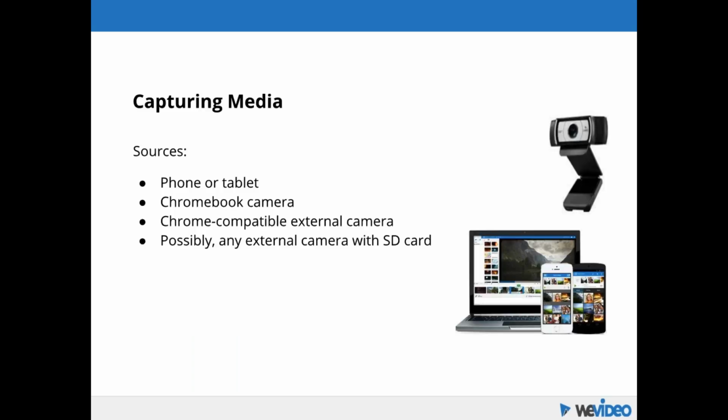And in terms of capturing media, obviously phone or tablet is an extremely easy and useful way to do it. If you're using the apps, just turn on your WeVideo app, capture your content, and then there's a sync button. Just sync it with your account, and then you'll see the same content in your WeVideo cloud account.